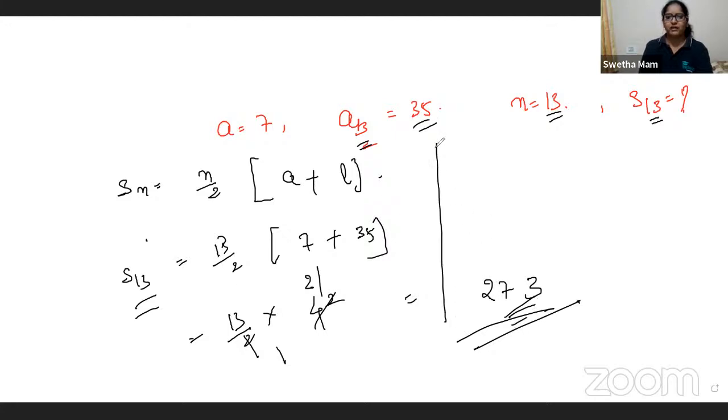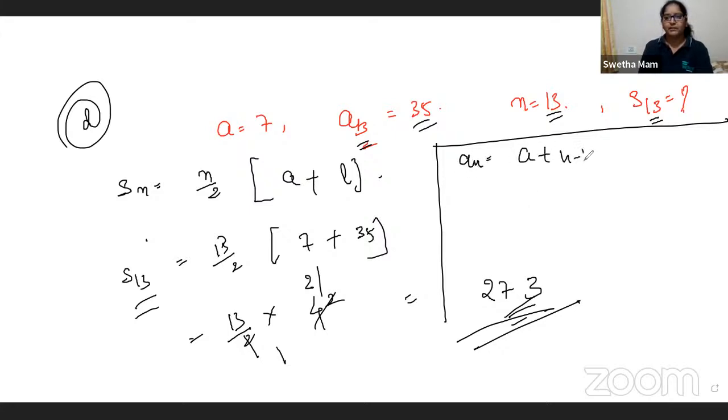So if you want to find the D value, AN is equal to A plus n minus 1 into D. A13 is given right now.